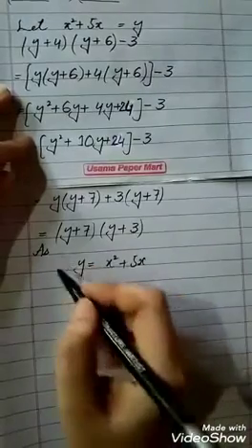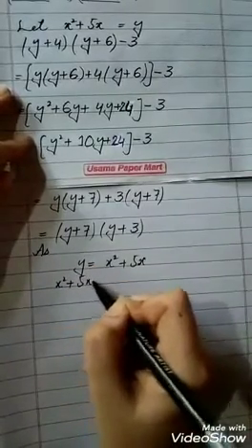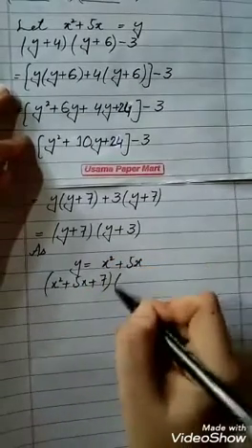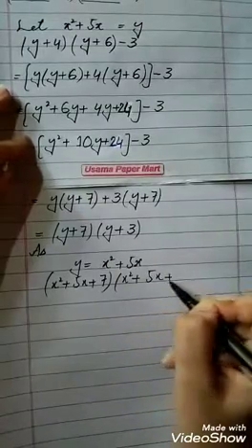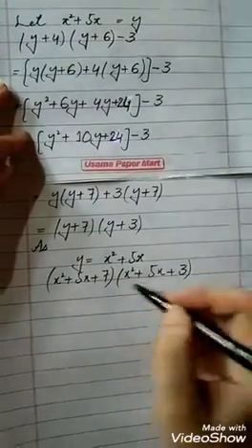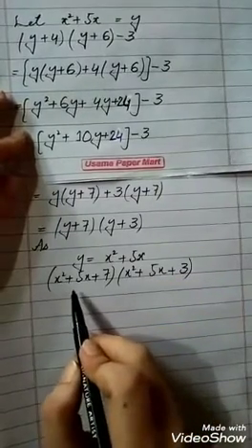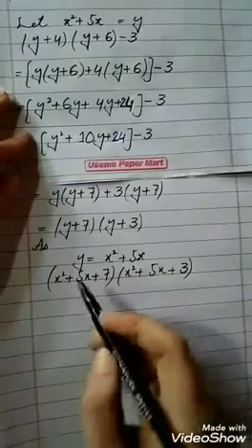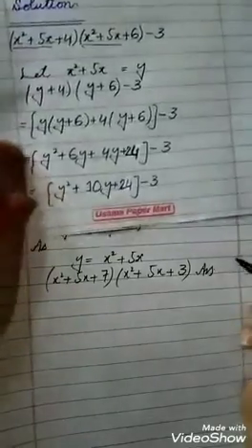So now we have placed here x square plus 5x plus 7 into x square plus 5x plus 3. So these are two factors. Now we have these two factors in x terms, and we need them basically in x terms. This is the answer of question number 4 part 1.